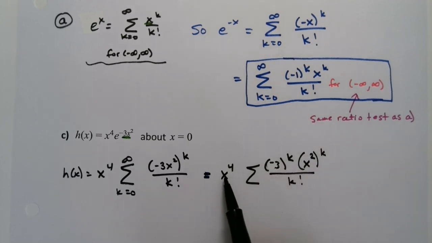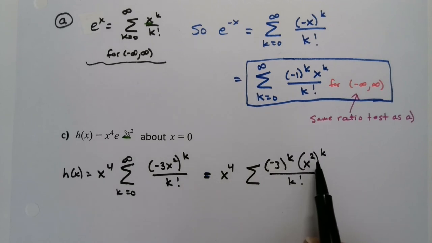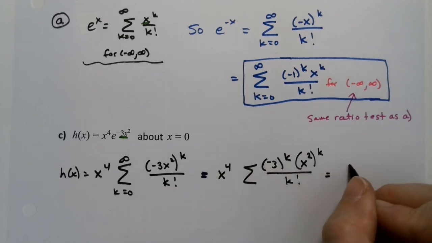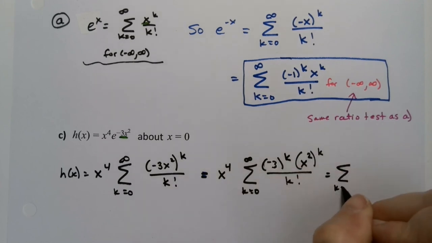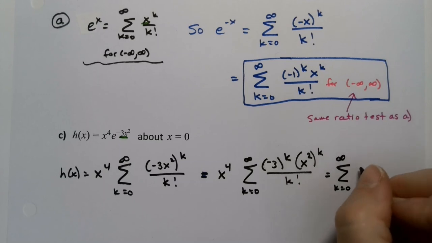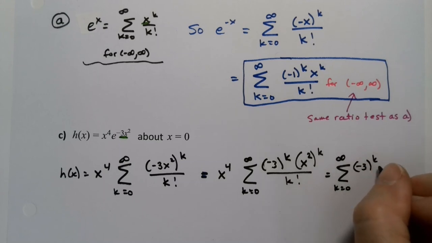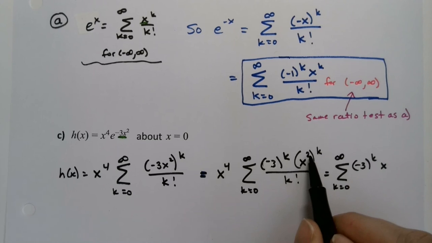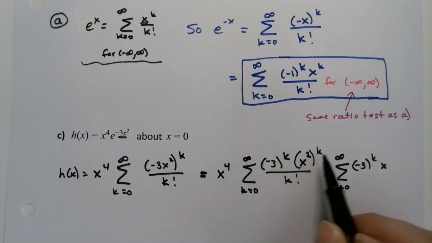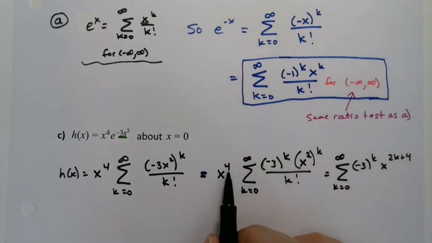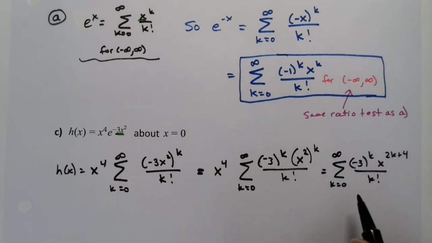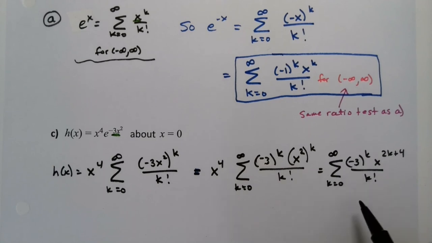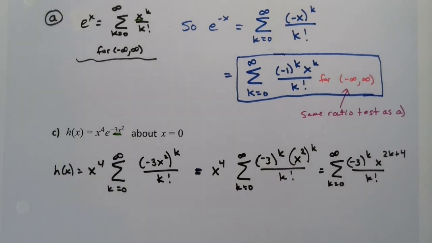And then there's an x to the 4th out here, so I can put that inside. The sum from 0 to infinity doesn't really change, and it'd be negative 3 to the k, x to the 2k plus 4, because you'd multiply, over k factorial. And then the interval of convergence would still be negative infinity to infinity.